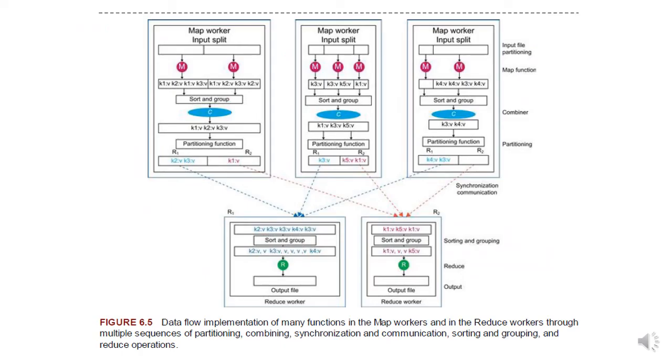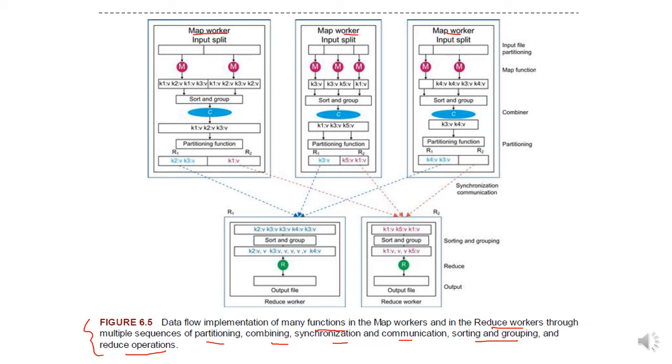And this diagram explains the data flow implementation of many functions in map workers and reduce workers through multiple sequences of partitioning, combining, synchronization and communication, and then sorting and grouping and reduce operations. So in this diagram we have many map workers.